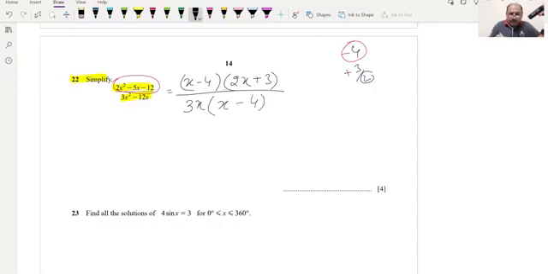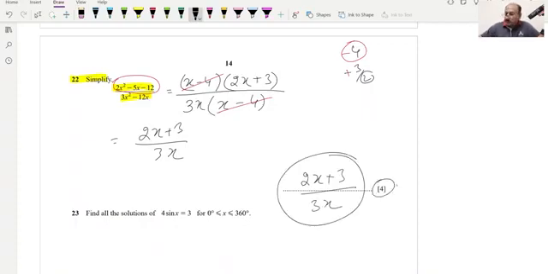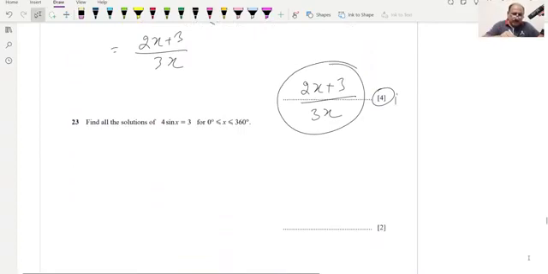And what else we can do, we can do cancellation, so this will be cancelled, and the remaining part we can write over here: 2x plus 3 over 3x. Further simplification is not possible, so this will be our final answer. Hopefully you understood this. This is a very easy 4-mark question. Now question number 23, find all the solutions of this one.